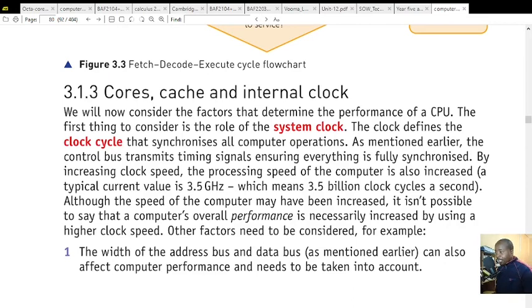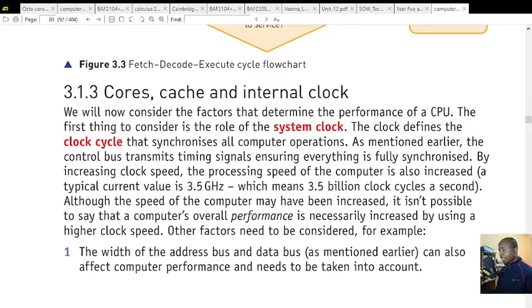Now let's look at the performance of the CPU and what are the key elements that are able to influence the performance of the central processing unit. One among the factors is what we call the clock speed, or the system clock.